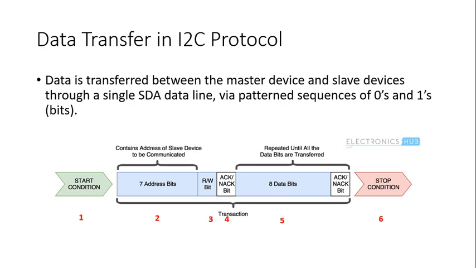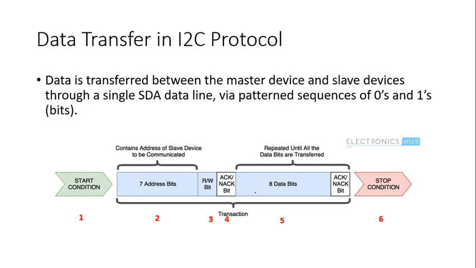Now, how does the data transfer take place in the I2C protocol? The data transfer between the master device and slave devices through a single SDA line is done via patterned sequences of zeros and ones. What do you mean by patterned sequences? Here the total sequence is given.